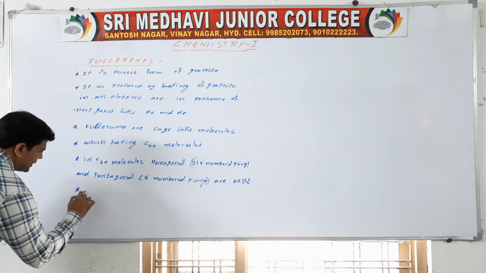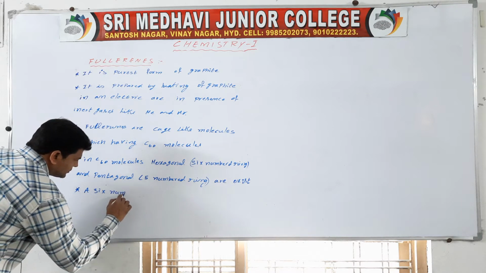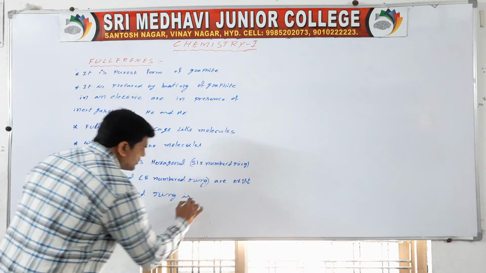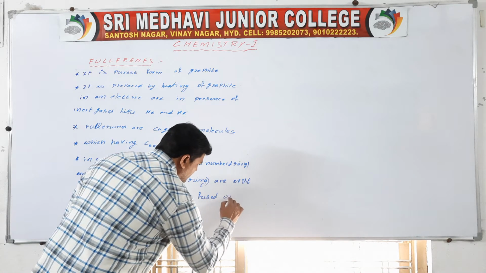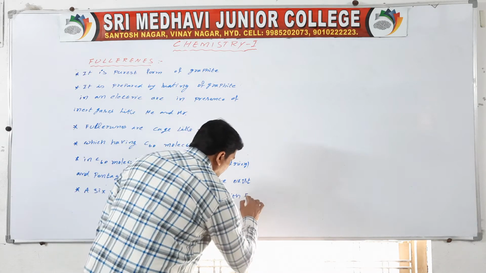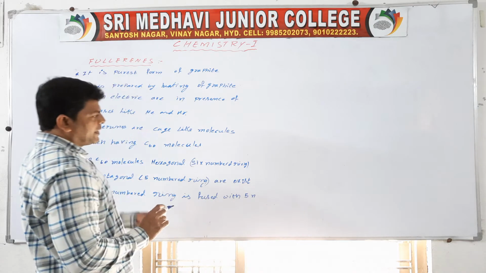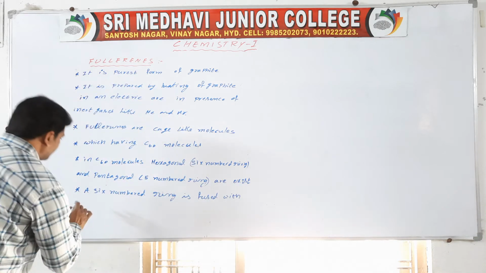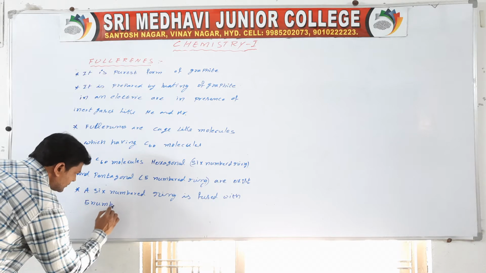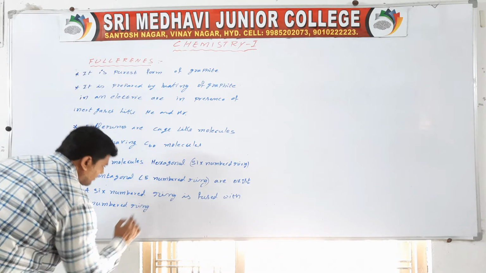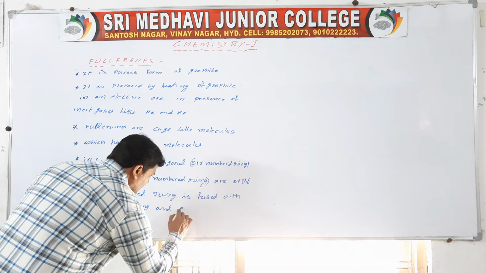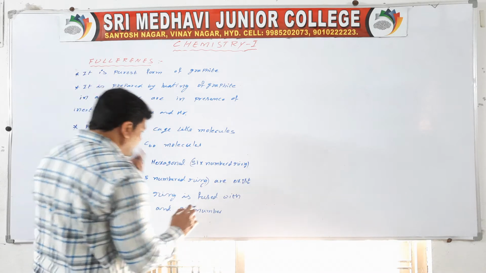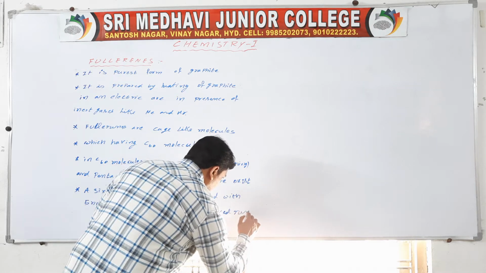Okay, a 6 numbered ring is fused with a 5 numbered ring, and a 5 numbered ring is fused with a 5 numbered ring and a 6 numbered ring.